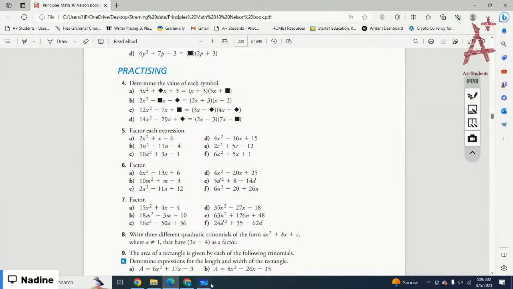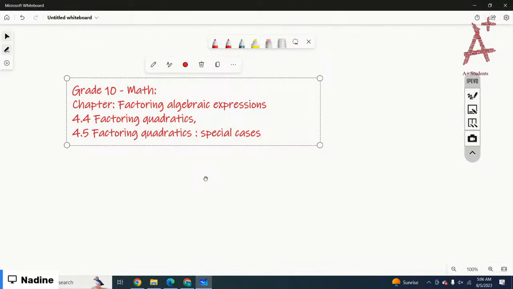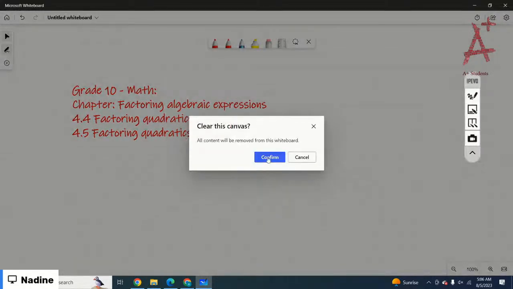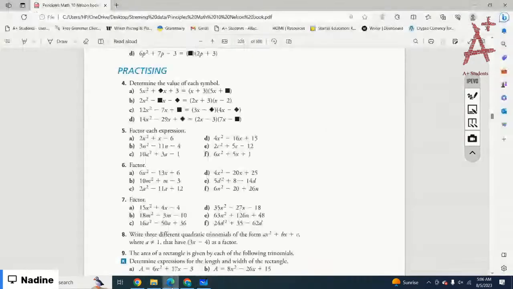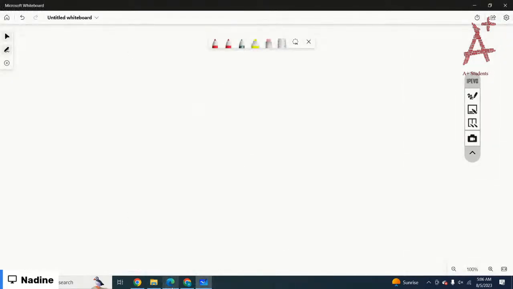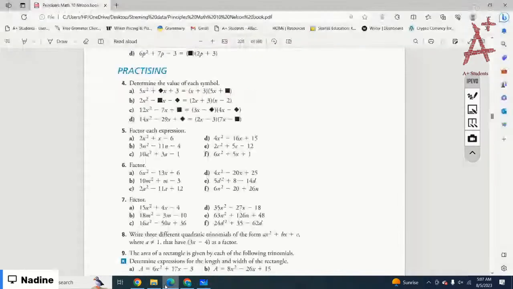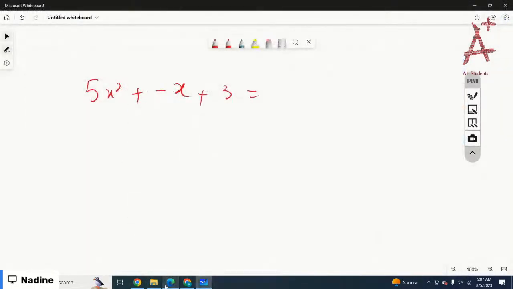Let me just write it down on the board. 5x squared plus missing x plus 3 equals x plus 3 and 5x plus the missing number.